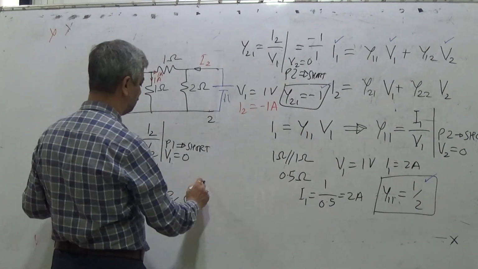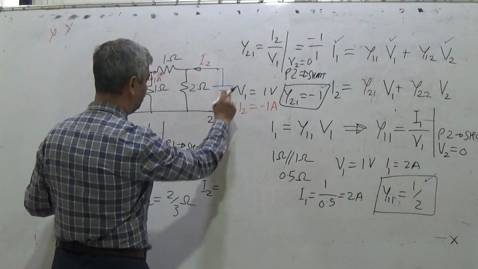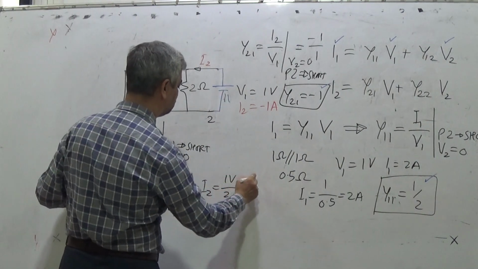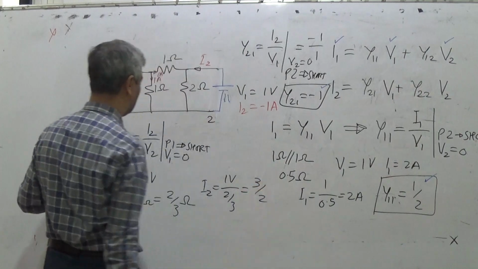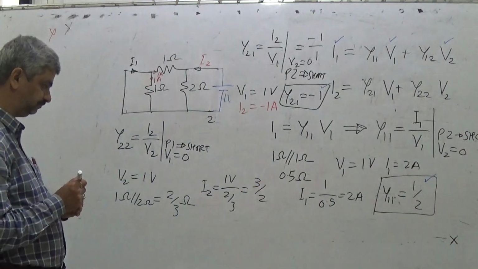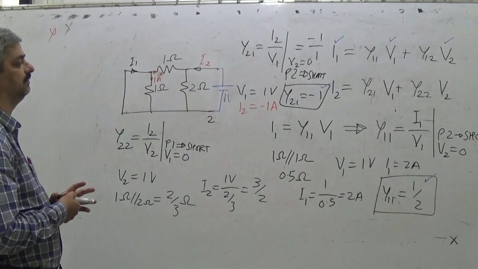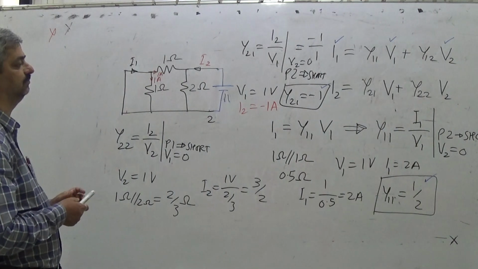So I2 is equal to V2, that is 1 volt, upon 2 by 3. So I2 is equal to 3 by 2.